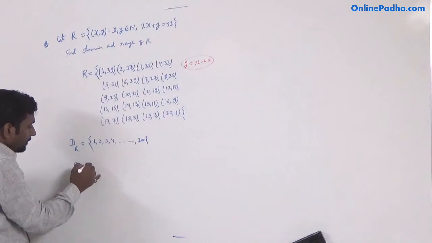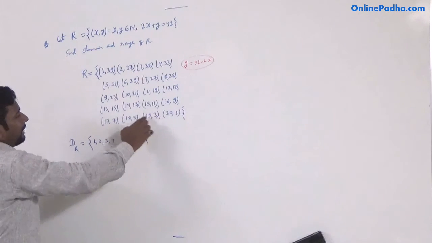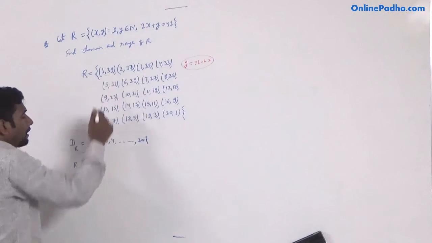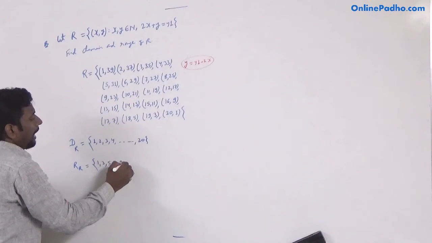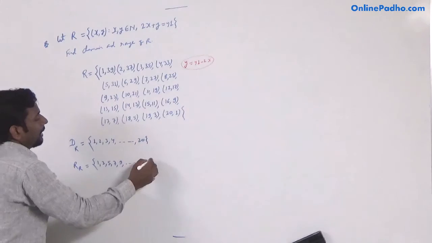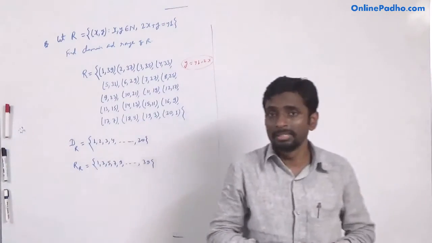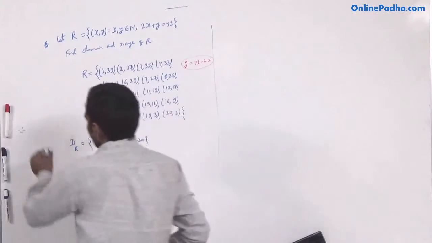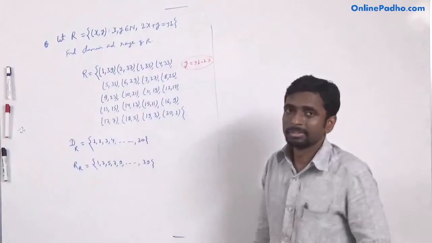What is the range of this relation? Range is the set of second elements: 1, 3, 5, 7, 9, 11 and so on up to 39. Domain means the set of first elements, and range means the set of second elements.